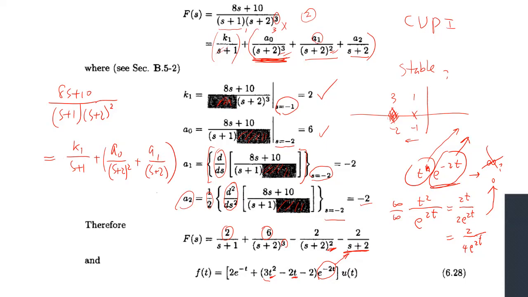Okay, this is cover-up. So k1 is also 2, right? For this one, you do cover-up minus 2. It's still 6. So a0 is 6.